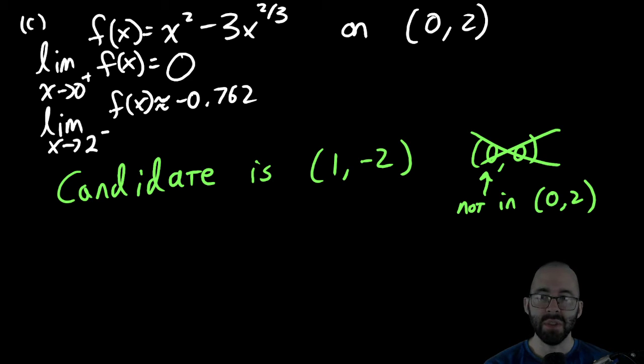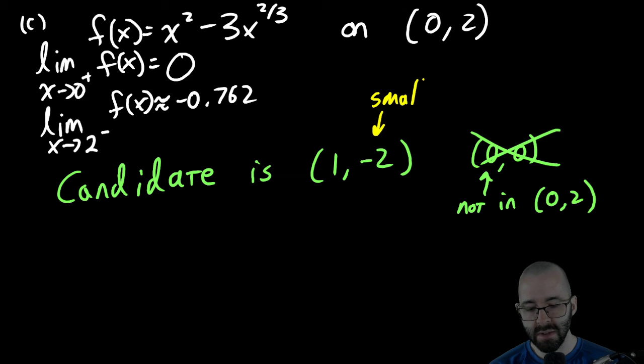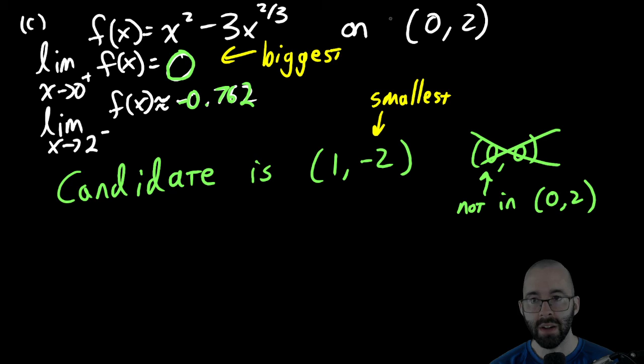So now for our absolute max and absolute min, it's almost the same. But now when we pick the biggest and we pick the smallest, so this is still the smallest out of these three things. I really should have written these in green. We still look at the biggest and the smallest. The difference is that here, since this is a limit, that means that there's no absolute maximum.